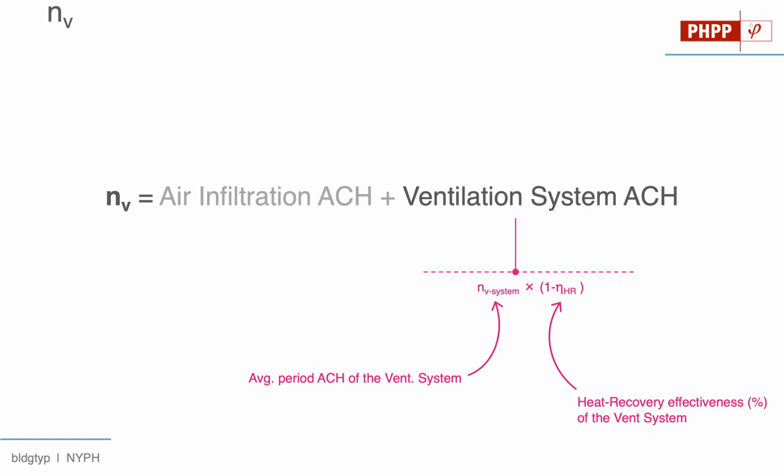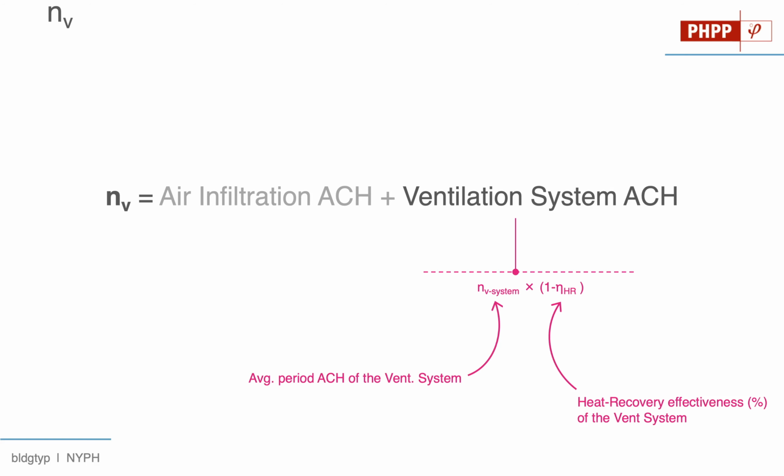And those things get combined in just the manner we show here in order to calculate that ventilation system air change rate. That then just gets added to the ACH due to air infiltration or air leakage through the envelope in order to yield us that NV for the winter period.